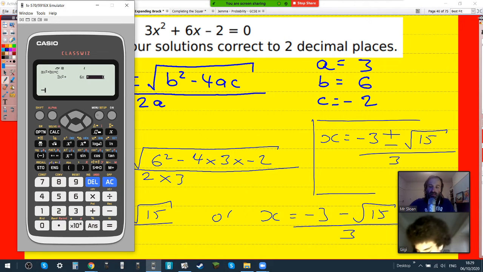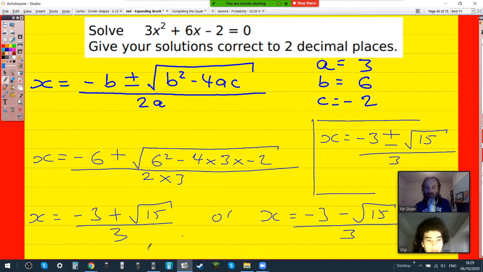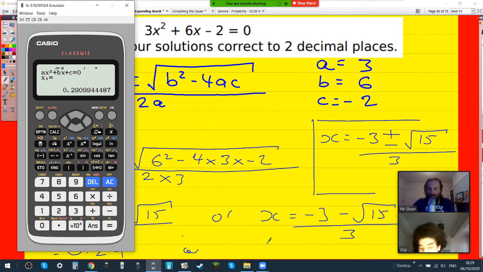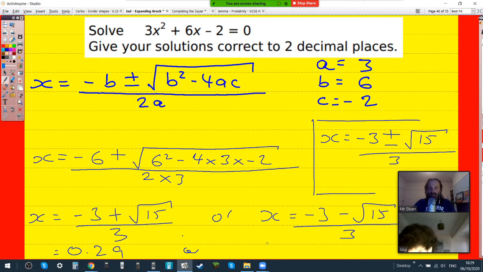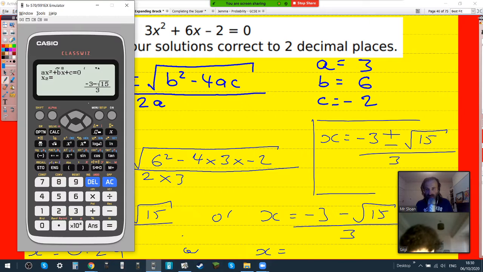2 decimal places, so 0.29. And the other one? Minus 0.29. No. Press equals, press SD. Minus 2.29. Yep.